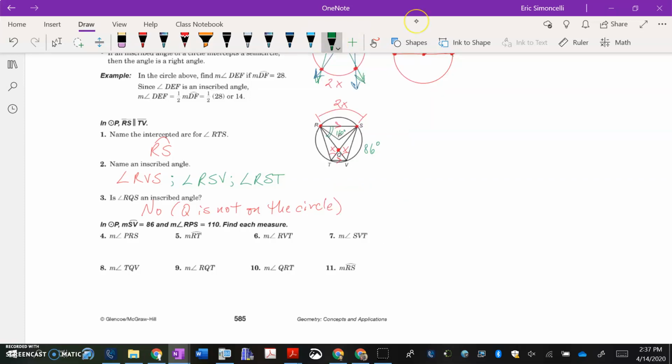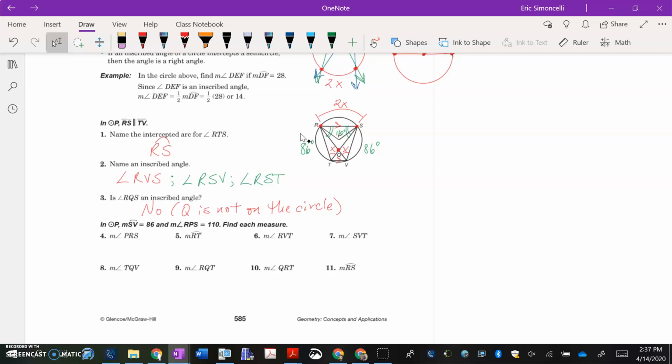I will also note that because we've got some segments here where they are intercepting the circle to create arcs, we can make some connections to not only congruent angles, but congruent triangles. So we can go as far as to mark this angle as also half of 86, therefore this is also 86 degrees. Okay, and some things will start to unfold quite nicely from there.